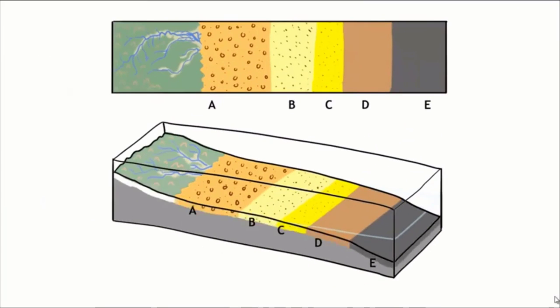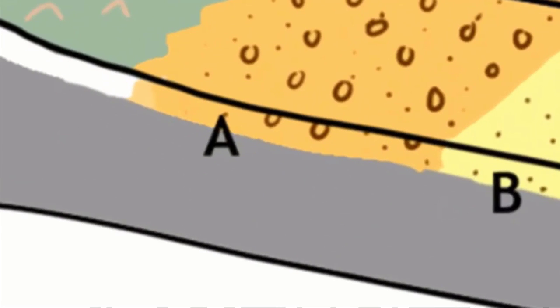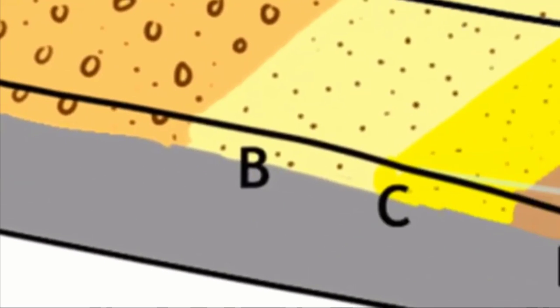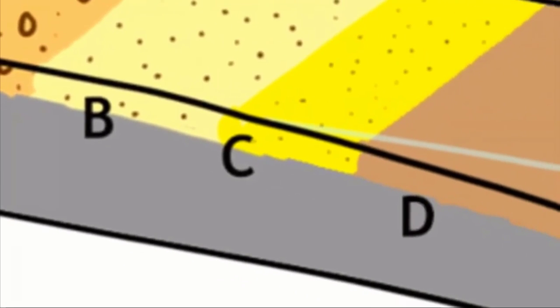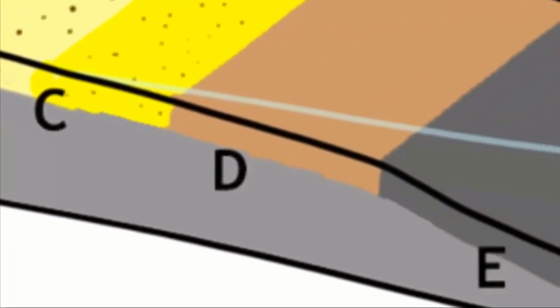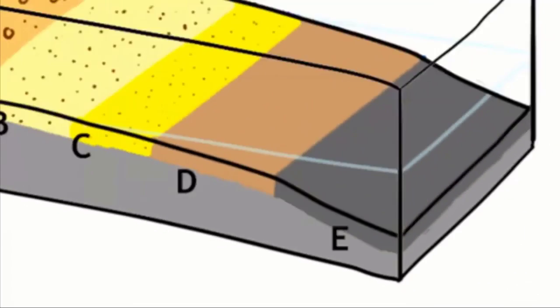Okay, so if we give a little bit of time to the system and we keep sea level in exactly the same place, maybe we build up something like this. So deposits of gravel at location A, deposits of coarse sand at location B, deposits of fine sand at location C, silt at D, and clay at E.